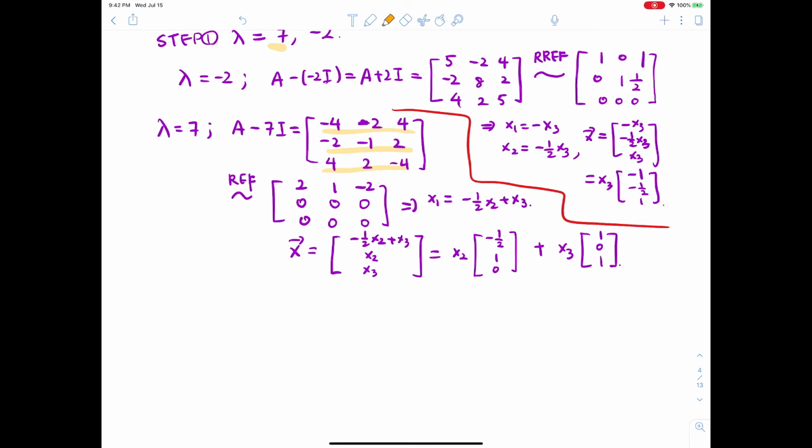So here we have two linearly independent vectors, but they may not be orthogonal to each other. So we have to force them to be orthogonal. How do we do that?